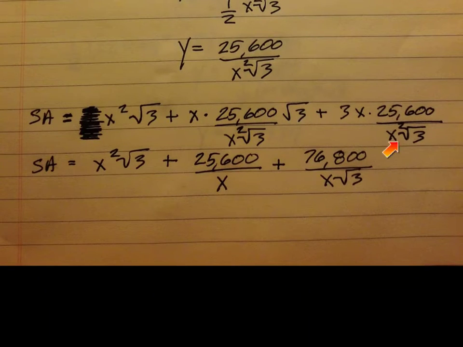This front part can't simplify, but you have square root of 3 over square root of 3. Those cancel out, and x over x squared leaves you with x. And then on the back side here, you have to multiply by 3, so that's where we get the 76,800. X over x squared is x, and you have to keep that radical 3.